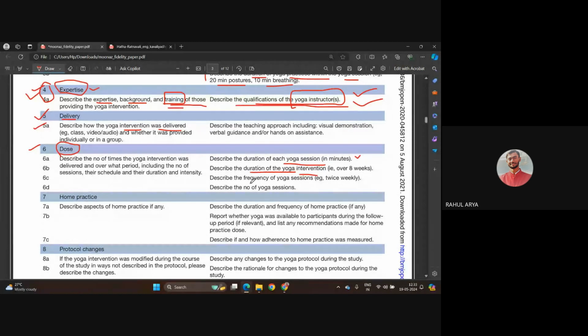Next, describe the frequency of the yoga sessions. Once a week you are giving, twice a week, thrice a week, 4 days a week. Quite a few research papers make a mistake. They mention "regularly." Regularly is not clear. What do we understand by regularly? 7 days a week, every day they practice.